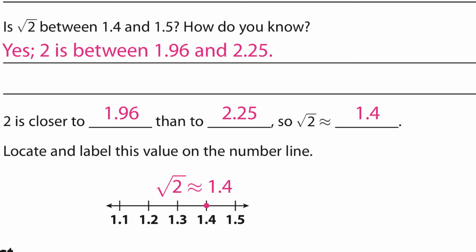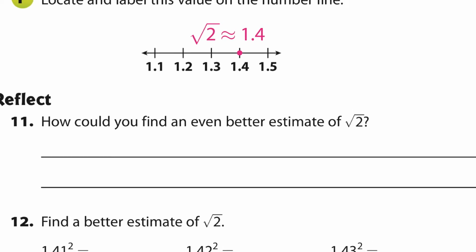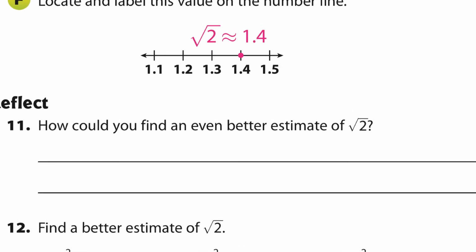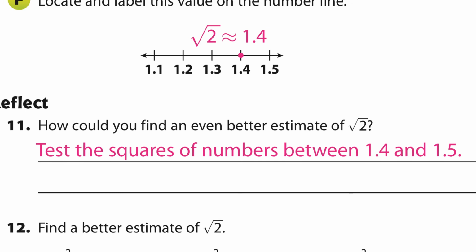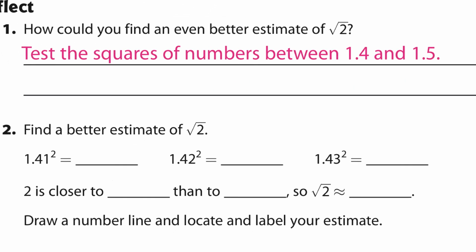And so how would you find an even better estimate of that? Well, you just go in closer. You test the squares of the numbers between 1.4 and 1.5.